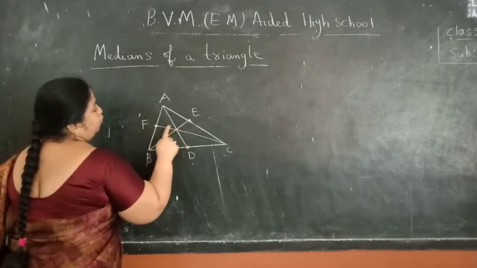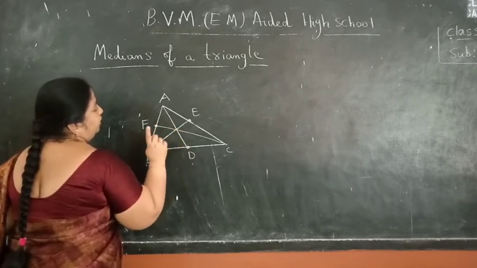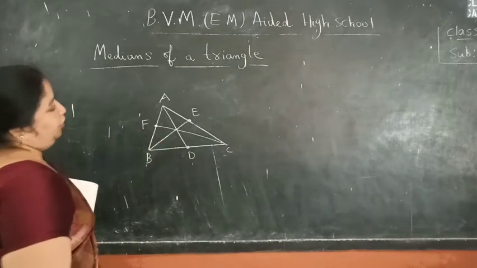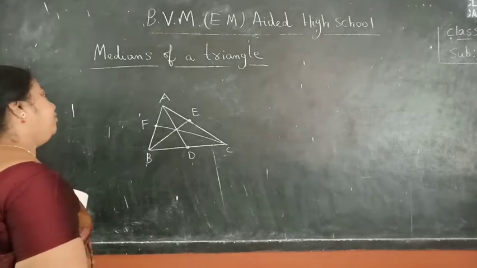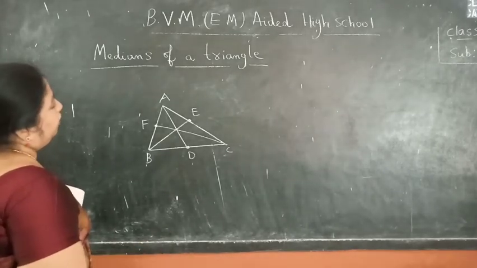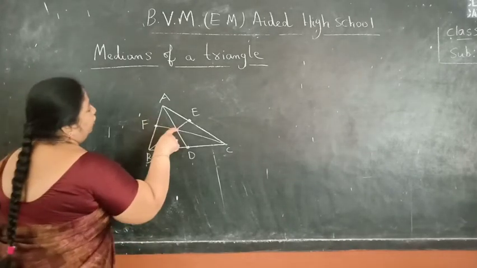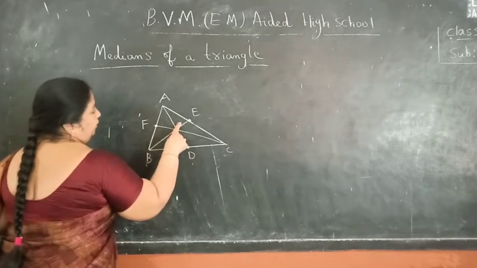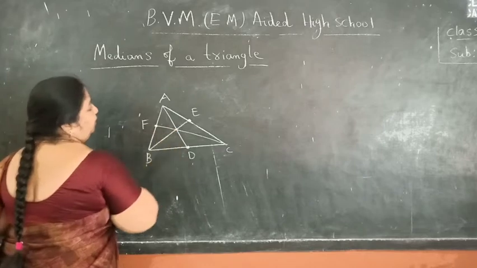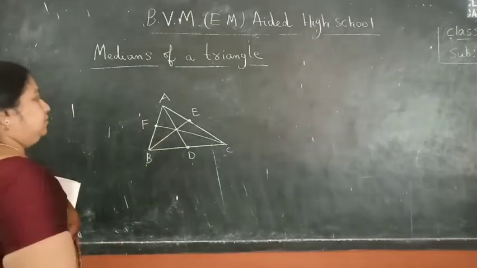All three medians join at a particular point, that is the centroid of a triangle. You find all the medians, add and divide by 3, and you get the centroid of the triangle.